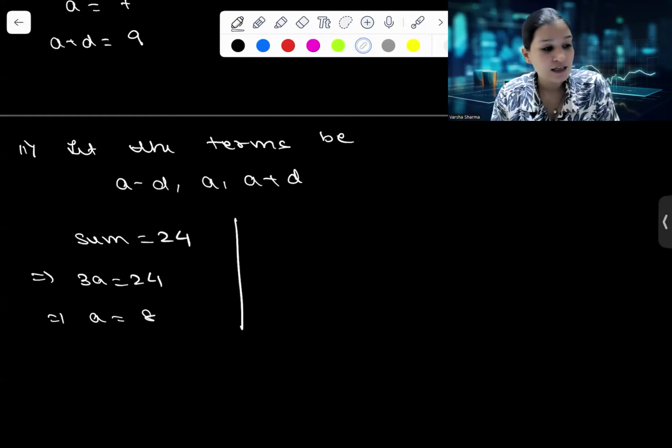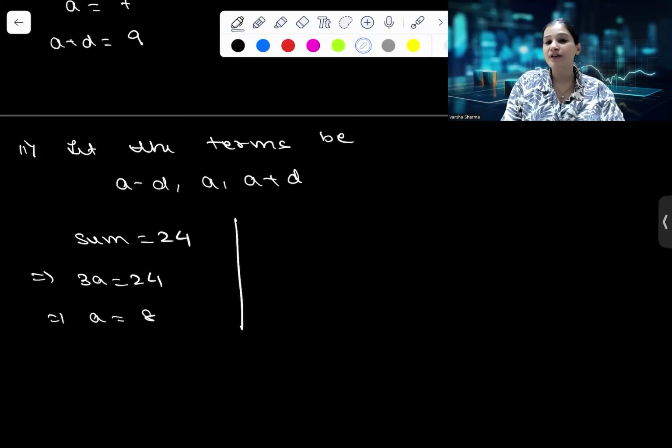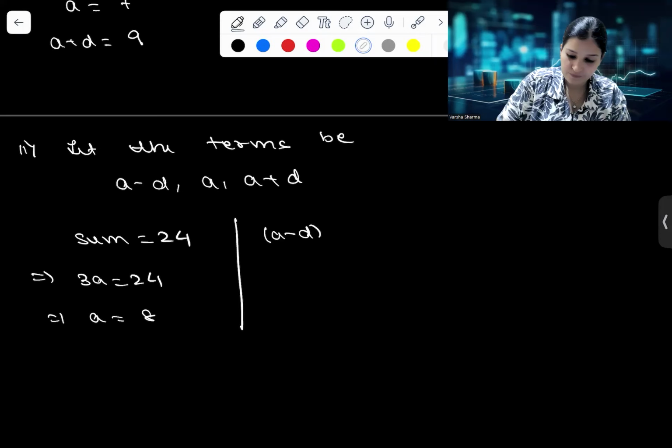The second condition is the sum of their squares. Can you tell me what that means? A minus D square plus A square plus A plus D square equals 194.